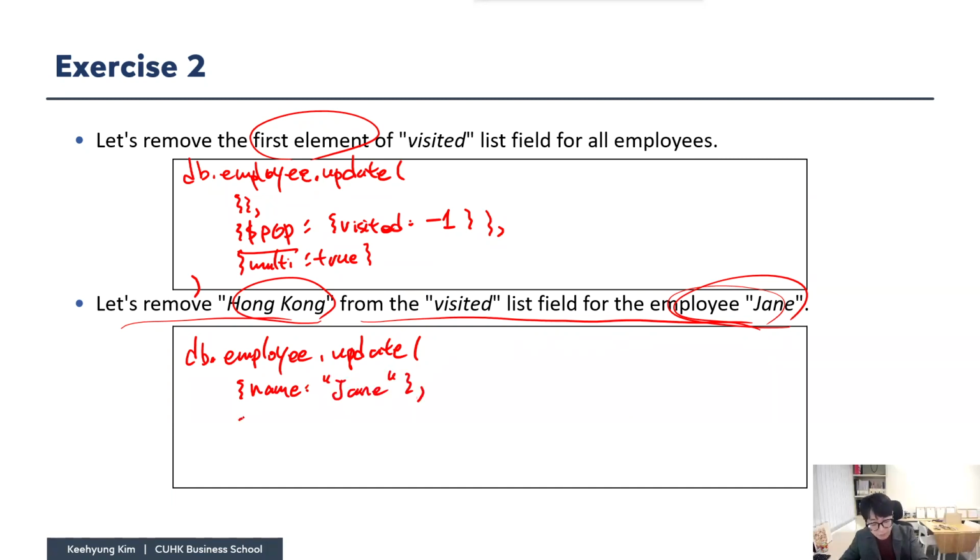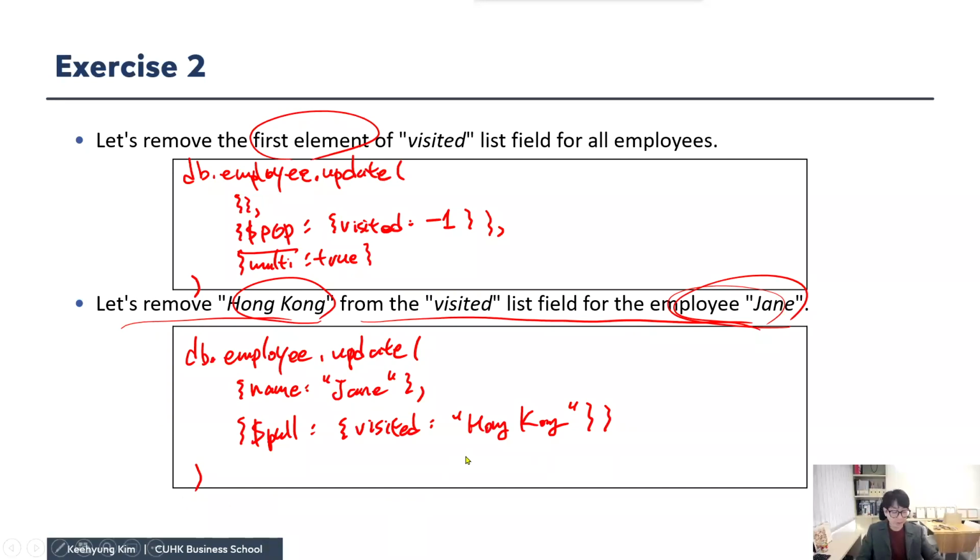For Jane, we want to use the pull operator to remove from the visited list. What we want to remove is Hong Kong. Like this, and then close the function like this. So that will be the sample solution for this exercise 2. Again, I will upload this later, so you can try this by yourself and see how it works.